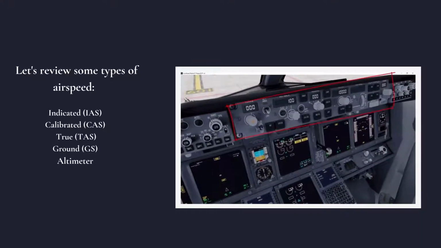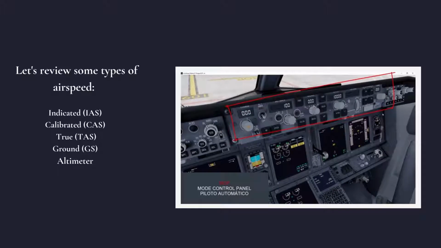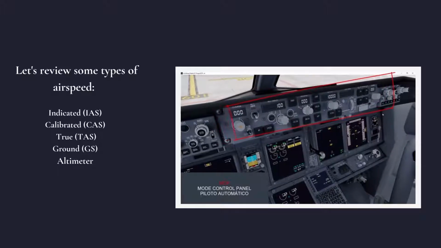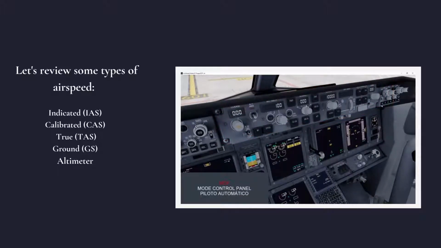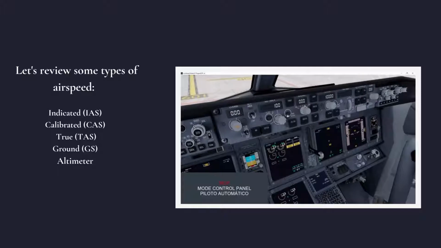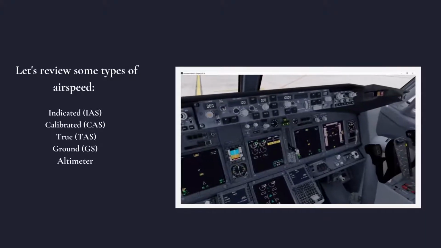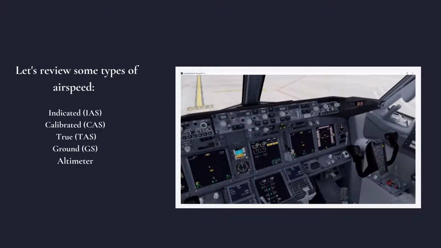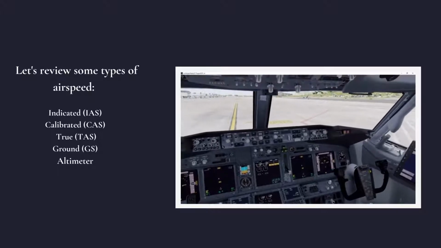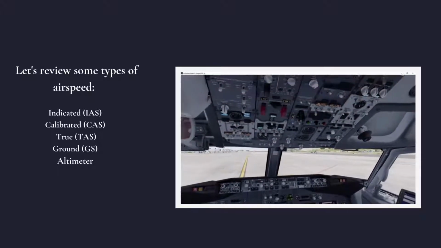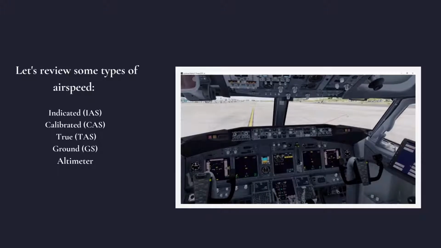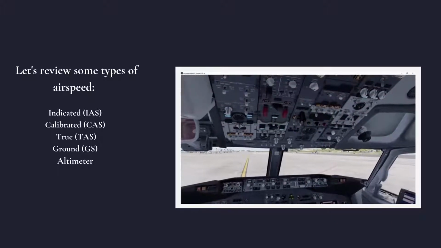The TAS increases as we ascend while the EAS falls. Ground speed, GS. The TAS corrected for wind. If we fly with a headwind, our GS will be lower than the TAS, while if we do it with a tailwind, the GS will be higher than the TAS.